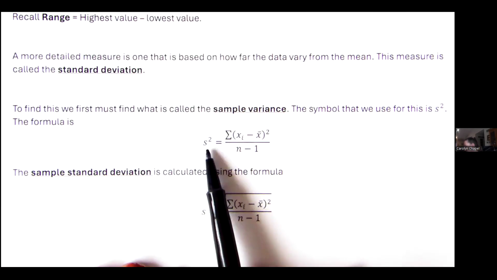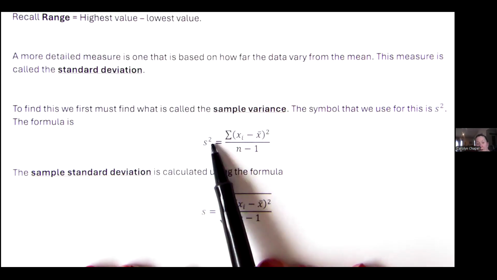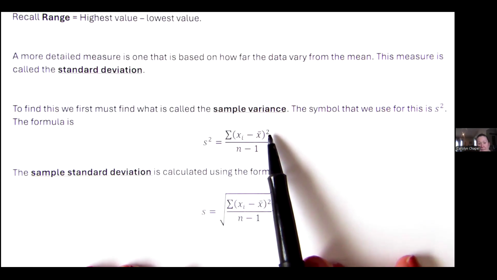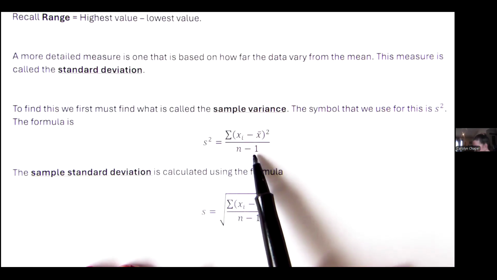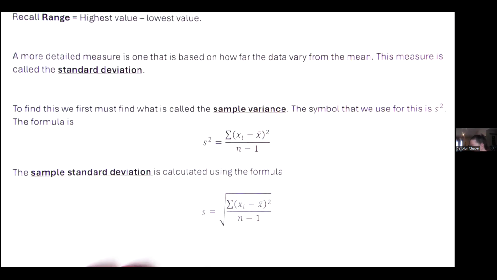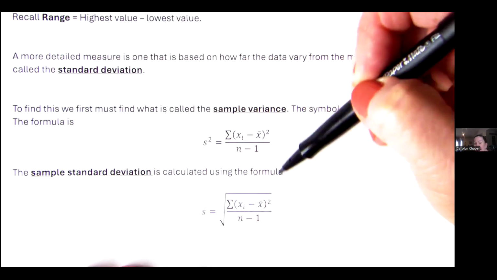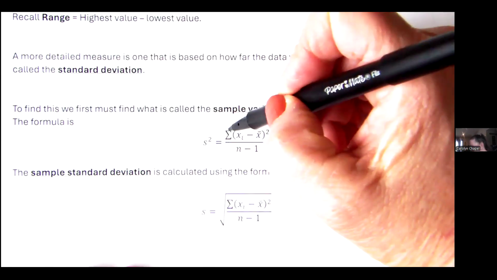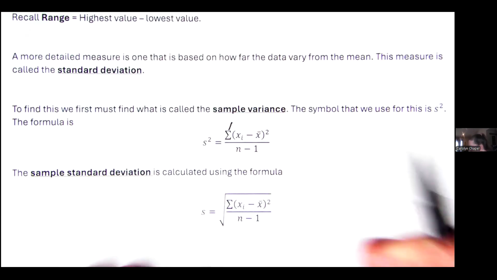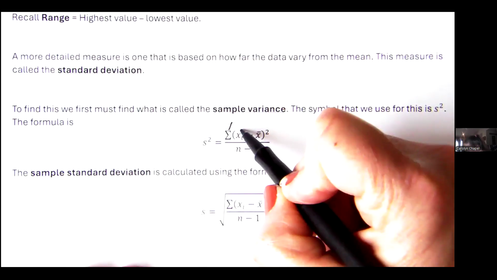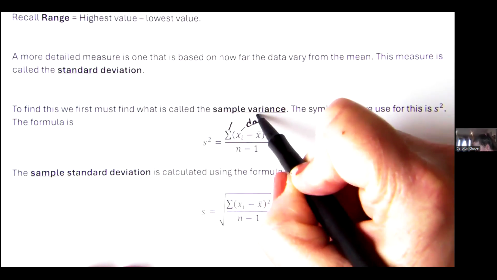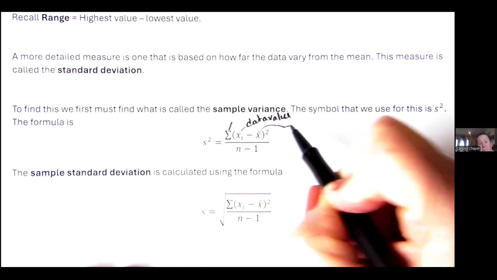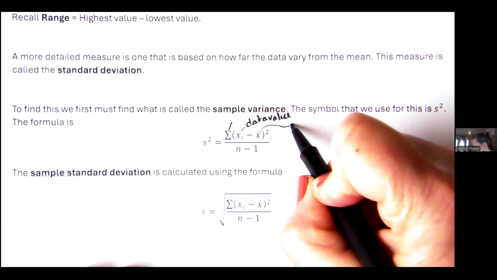For our sample variance, we use s squared, and the square comes because we are going to be squaring these little things, and this is our formula. So kind of picking apart the formula, and we will go through one by hand, just so you can understand the pieces. This again tells us to add up. This little guy is my data value. Here is my x bar, which is my sample mean.